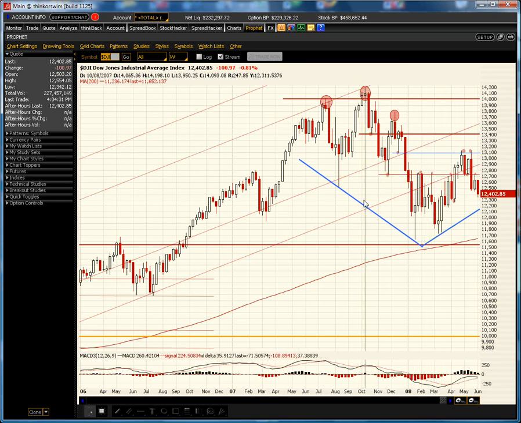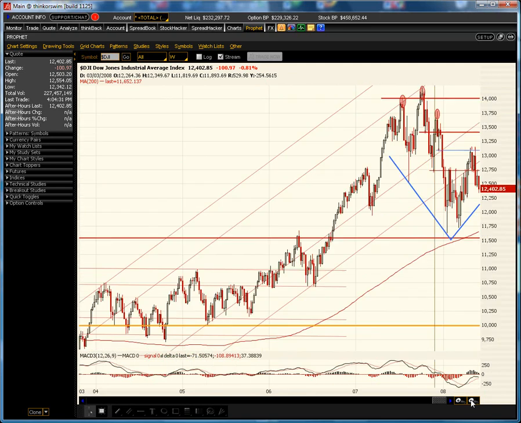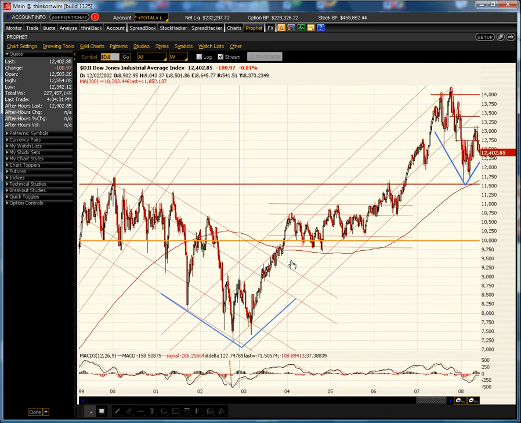If trend in history is our guide, eventually we will rise up to that 14,000 level, and we will break through it, and we'll have another exuberant run-up in prices. It seems as if every time we break through the significant resistance levels, we have an exuberant run-up in prices.